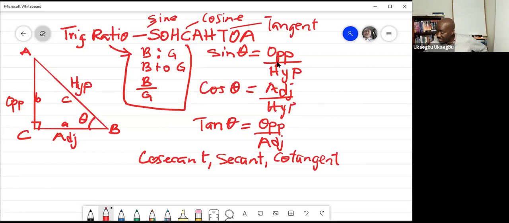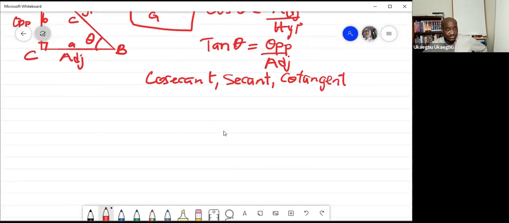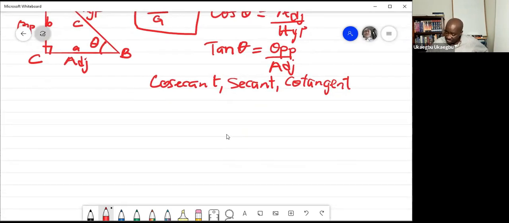Now we have to actually apply this using a real triangle. So let's draw another triangle and give it some sides. It doesn't really matter the shape of your triangle as long as it's a right triangle.